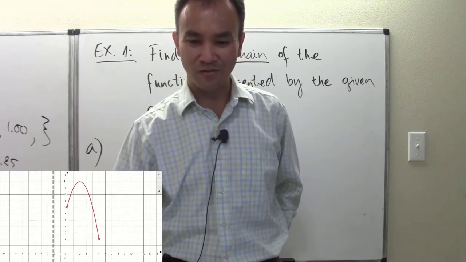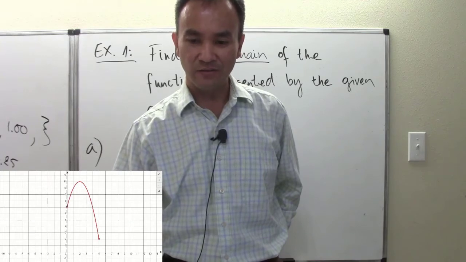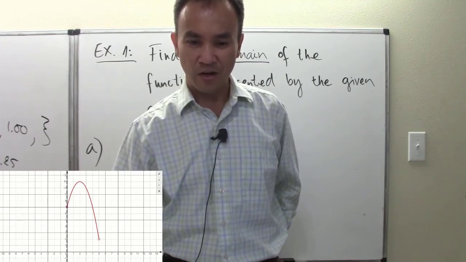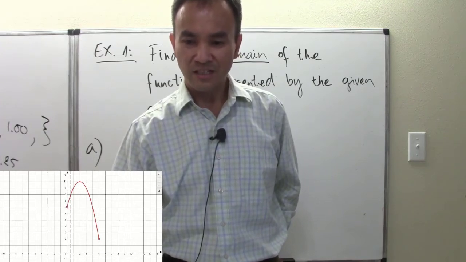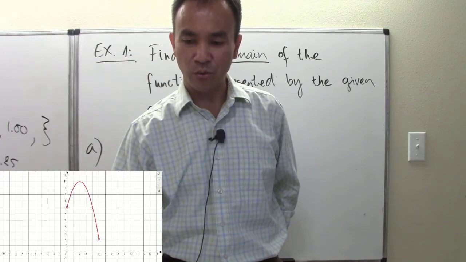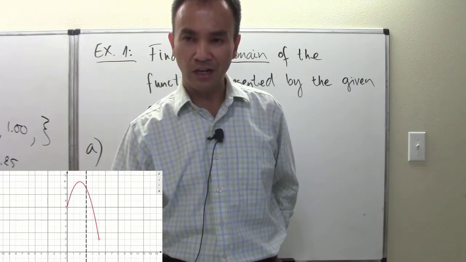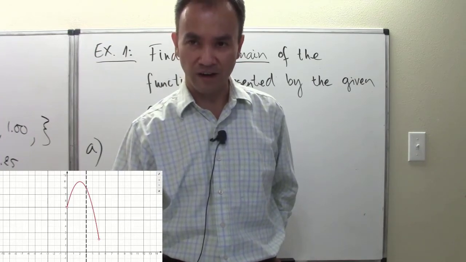Now we can keep moving the vertical line. And right about here, when it's x equals 0, we start interfering with the graph. It looks like anywhere between 0 and 5, my vertical line hits the graph and creates a point on the graph.